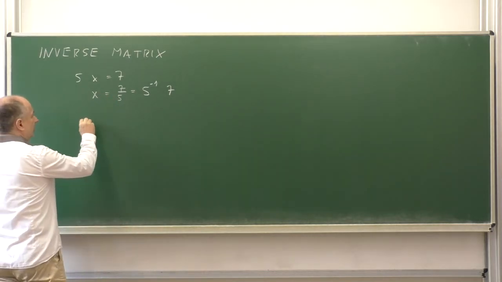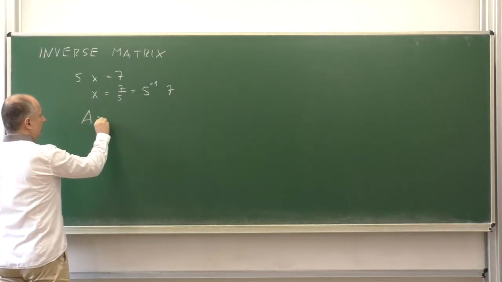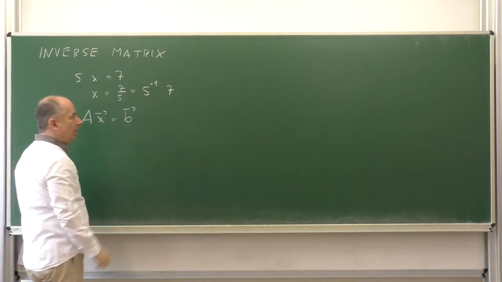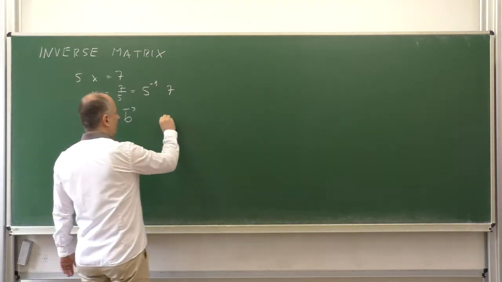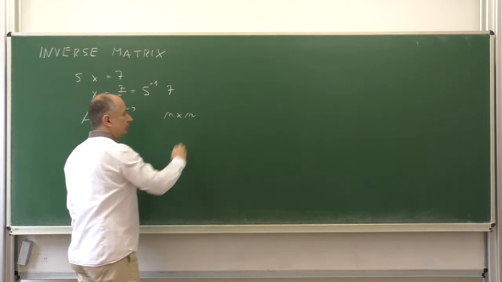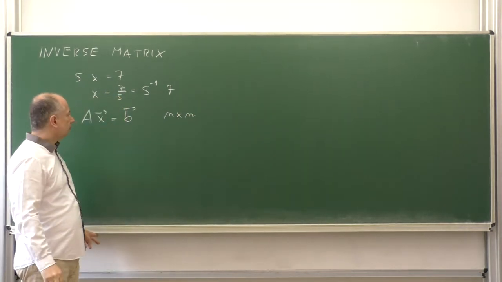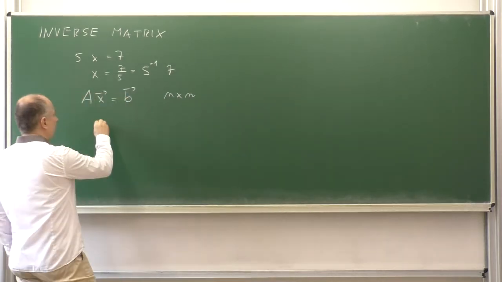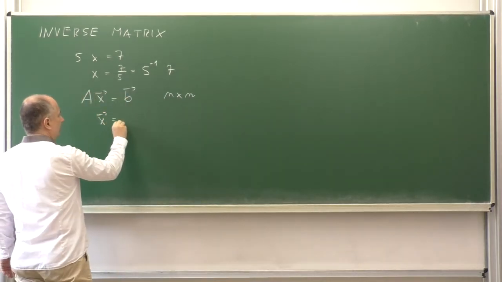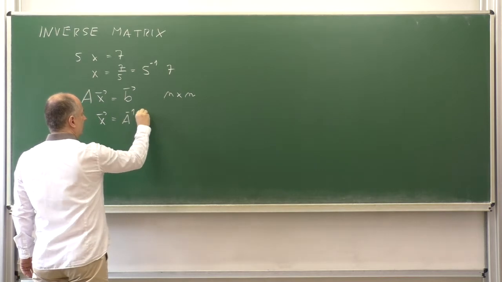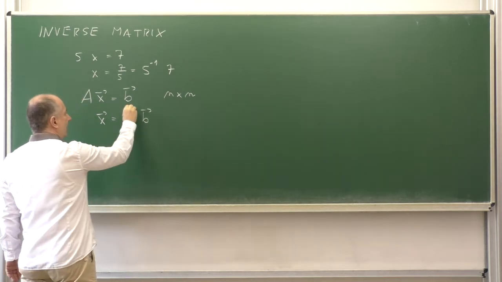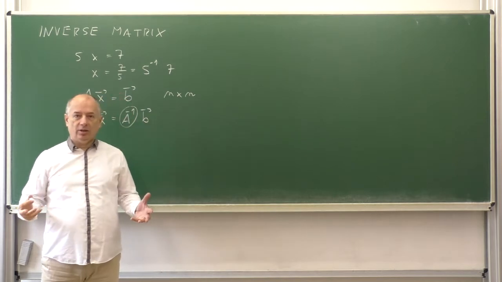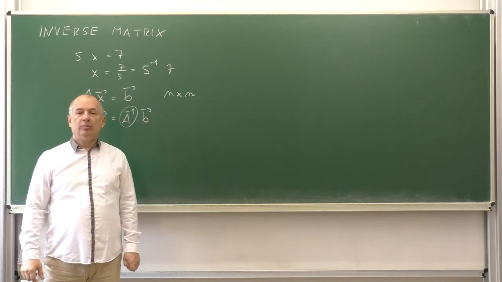That means we have the system that can be described as A times X is B, where A is an n by n matrix, that means a square matrix, then in some cases we can immediately write the result as A inverse times B. And this A minus 1 is called the matrix inverse, and this is a very important matrix.